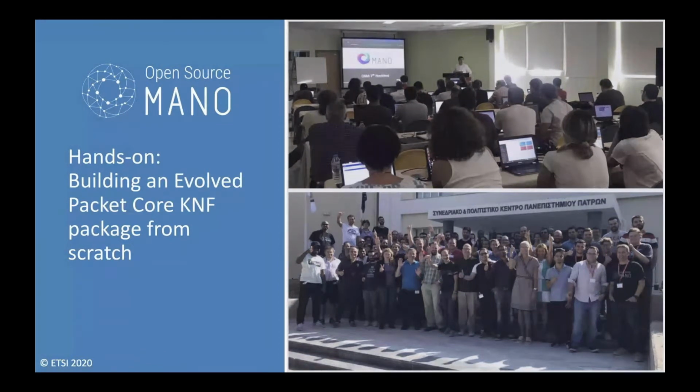This is the first experience of the BNF onboarding task force with trying to build a real world KNF for the community. So, building an evolved packet core KNF package from scratch.